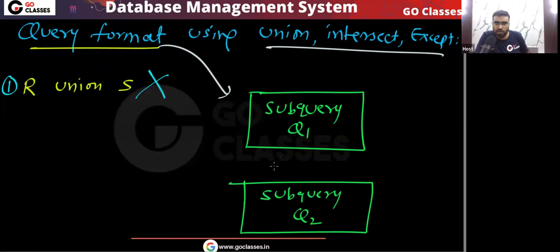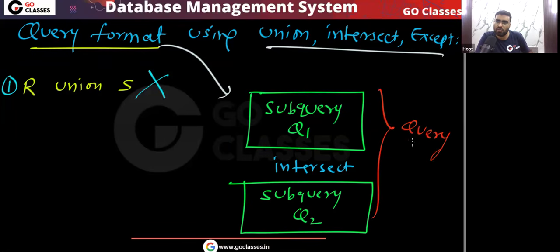And you will use one of these keywords between them, for example intersect. This is the format. Is this clear? Please tell me the format is clear. This is your entire query: subquery Q1 intersect subquery Q2.